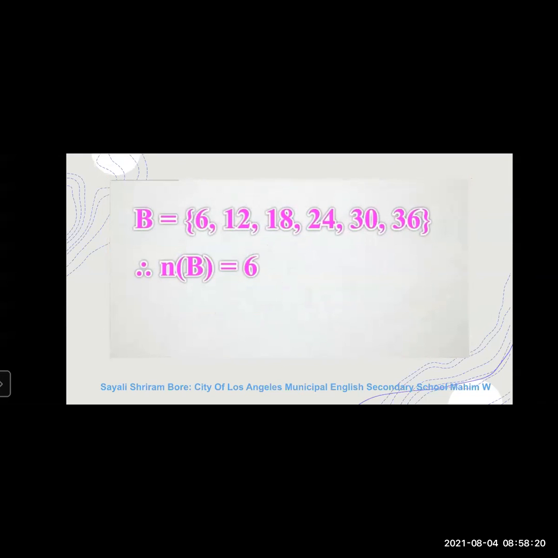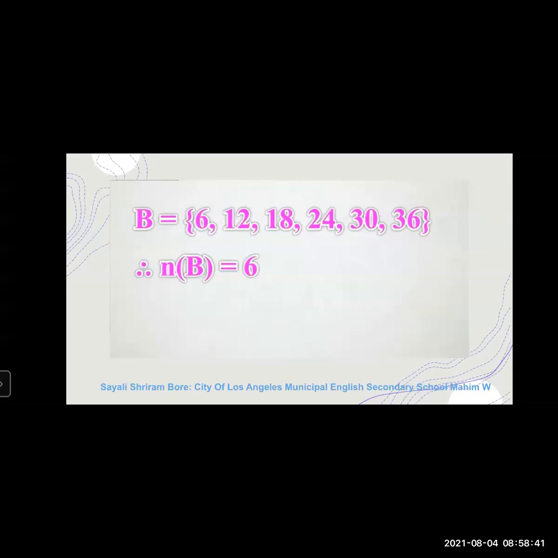See here, one more example. B is equal to 6, 12, 18, 24, 30, 36. Here also you can see that set B is in the listing form. So how do you write it in the set notation form?